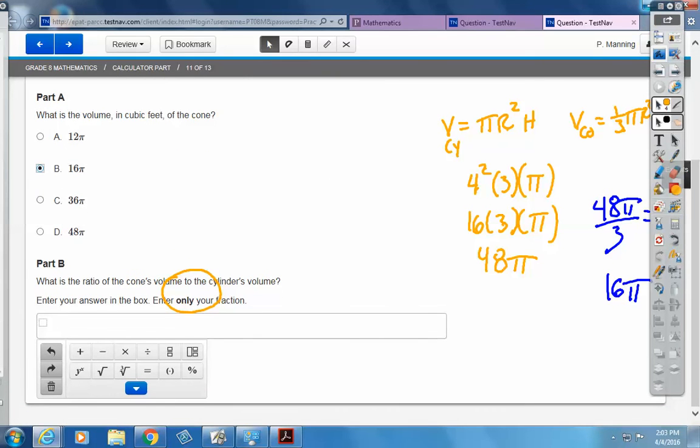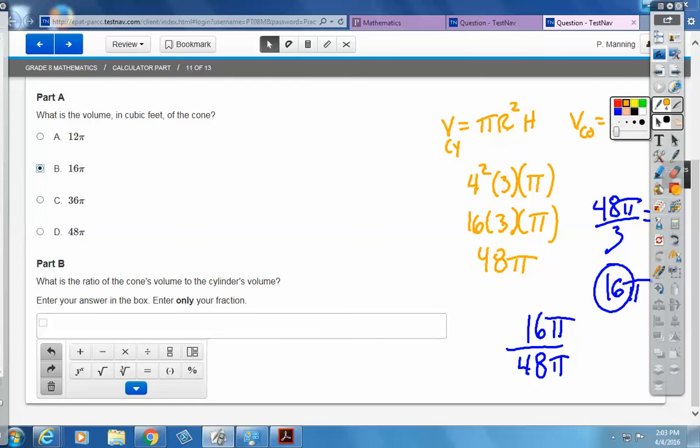All right. What is the ratio? When I say ratio, you think fraction. So the ratio of the cone's volume to the cylinder's volume is going to be 16 pi over 48 pi, and we know that pi divided by pi is 1, and we have to reduce this fraction, so we get just 1/3.